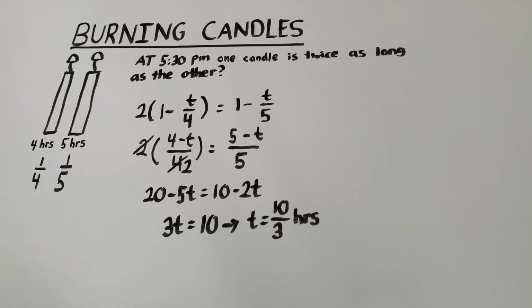So we now know that the candles have to be lit for 10/3 hours so that one candle ends up being twice as long as the other.